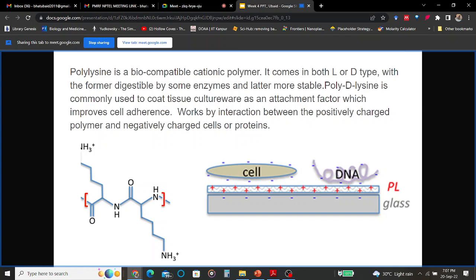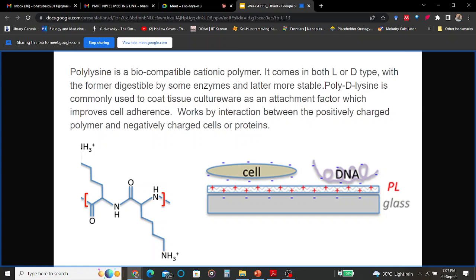So this D isoform, poly-D-lysine, is commonly used to coat tissue culture plates or flasks, and it is coated to enhance the attachment of the cells to the tissue culture plates.